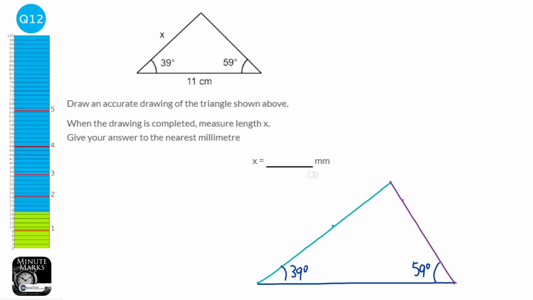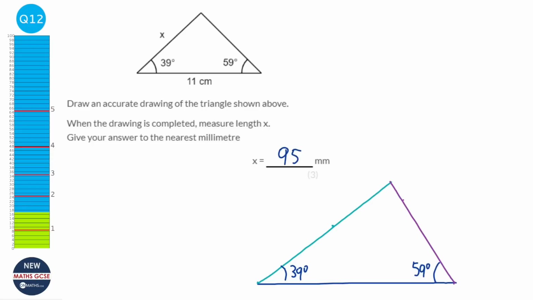And it says when it's completed, measure length x. So I'm going to get my ruler out and I'm going to measure this length here, and it is about 95 millimeters. So the answer for me is 95 millimeters.